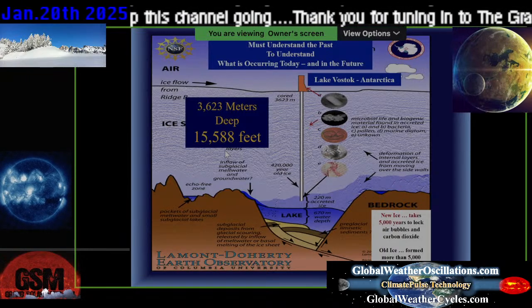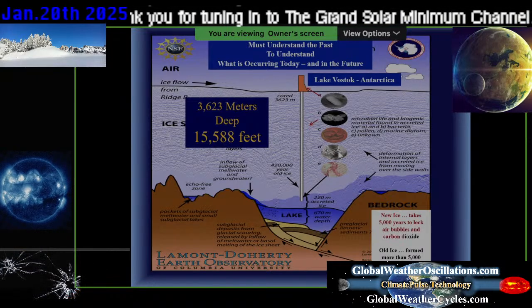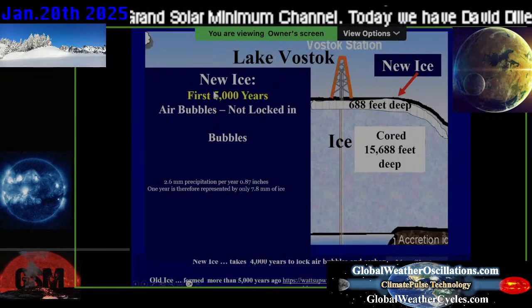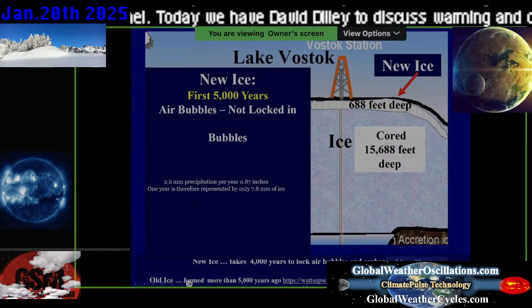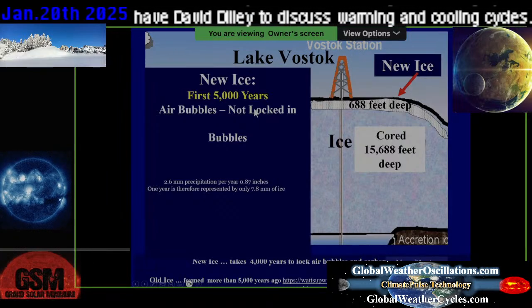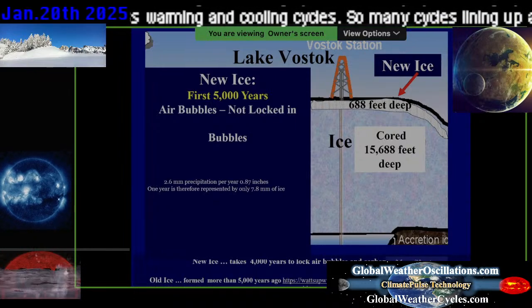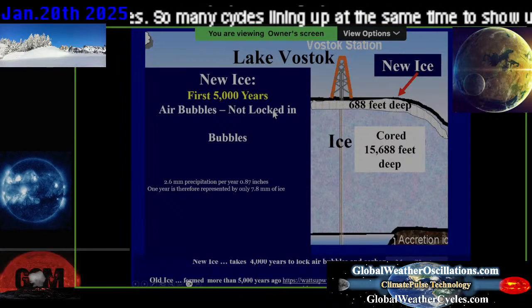And they go down as much as almost 16,000 feet. Now, when they drill down, we have what we call new ice. Air bubbles are not locked in place during the first 5,000 years. That's about 688 feet of ice.